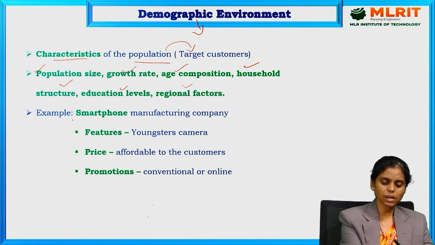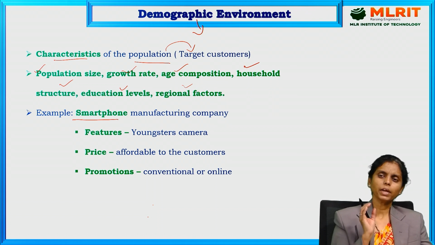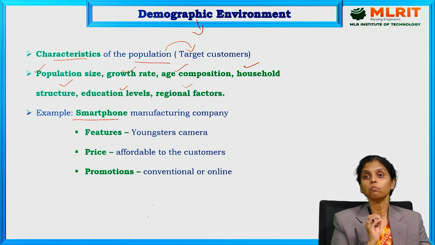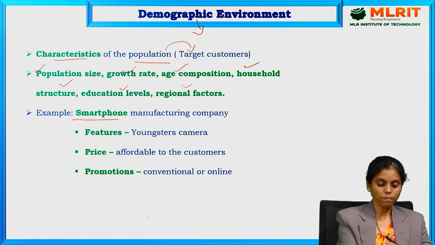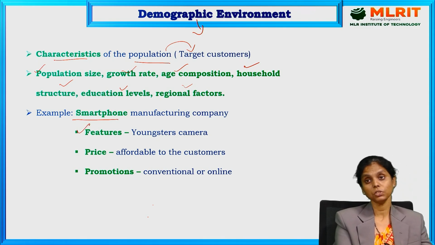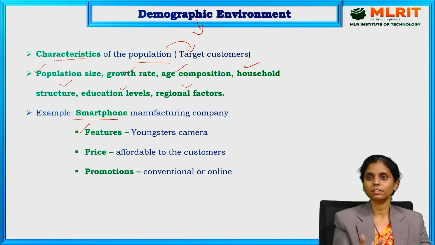Now let us analyze the same demographic influence by taking the example of a smartphone manufacturing unit. Whenever a company is manufacturing a smartphone, is it needed to consider the demographics? Yes. How will it be useful? For example, we want to define the features of a product. If youngsters are using it, what will they look at? Camera clarity.